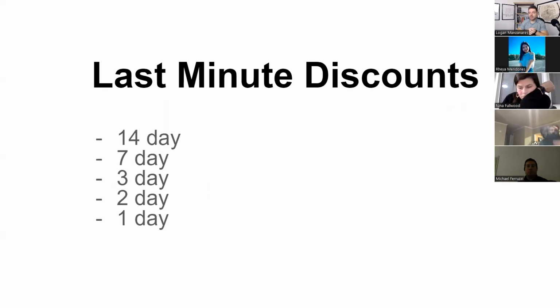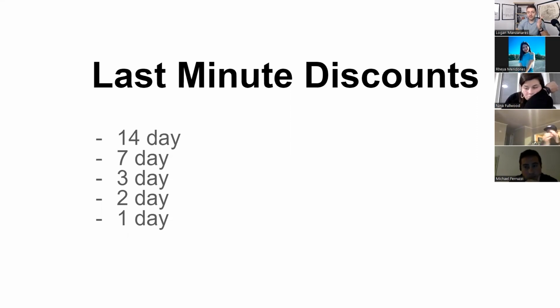And then last minute discounts. So I'm talking specifically about our properties. Our properties are smaller. Our biggest one is a 3-bedroom, but we have lots of studios and then a 2-bedroom as well. And so we do last minute discounts, and we started at 14 days. At 14 days, they get a slight discount. At 7 days, they get another discount. And then for the last 3 days, day number 3 is like a 25% discount.